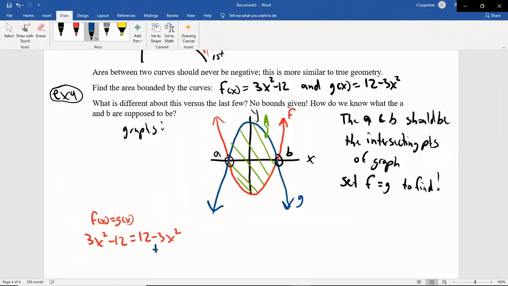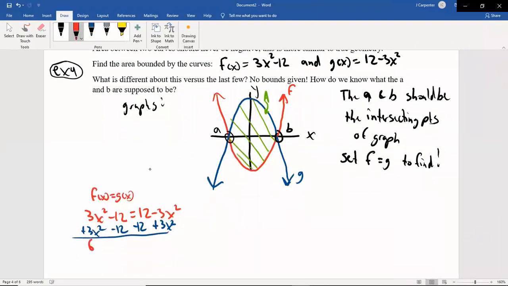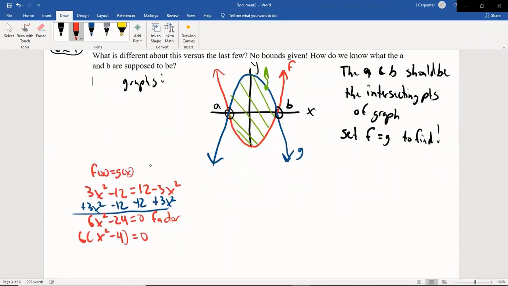Let's keep those terms positive, so let's add the 3x squared to both sides and subtract the 12 on both sides, which should give us 6x squared minus 24 is equal to 0, which is easy to factor. There's a GCF of 6. You'll pop that out. You'll be left with x squared minus 4. That's a difference of squares. So that's 6 times x plus 2 times x minus 2 equals 0.